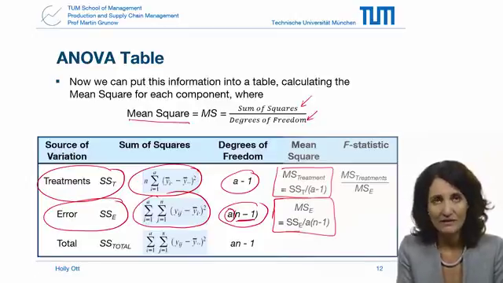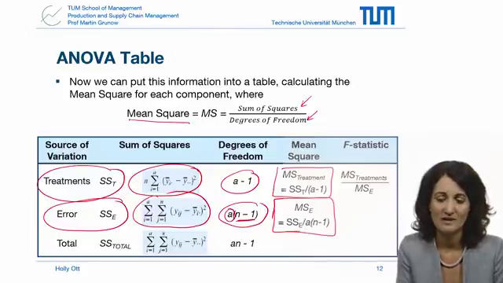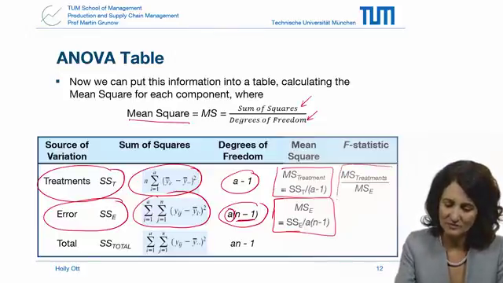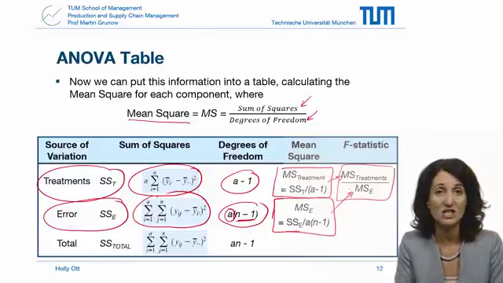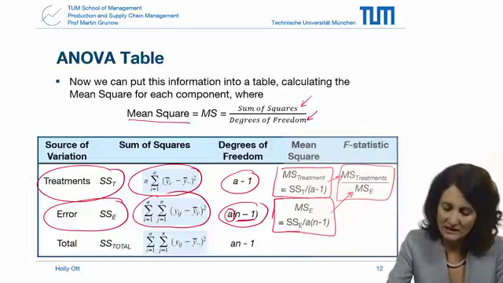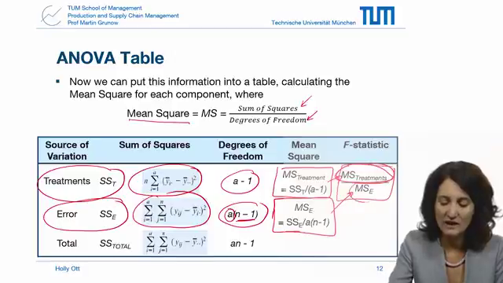And the F statistic, as we've discussed before, is the ratio of the variability between the treatments to the variability of the error. And that's what we see here, so these two values have to go in here. As we said before, as the F statistic gets larger, this means that this MS treatment is getting larger compared to this MS error.